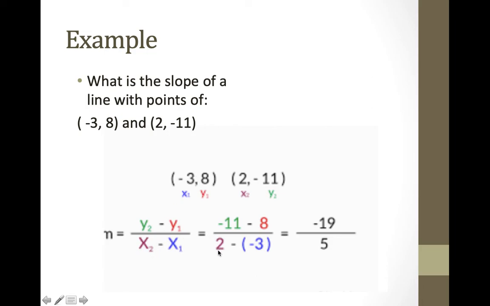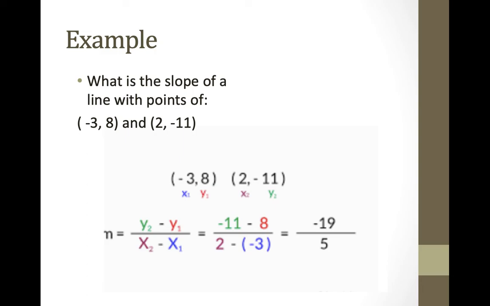So 2 minus -3. And if I lose 2 and then I lose a negative, that means I gain. So 2 plus 3 is 5. So it's -19 over 5. That is my slope. I know it's weird and it's not a whole number, but that happens sometimes.